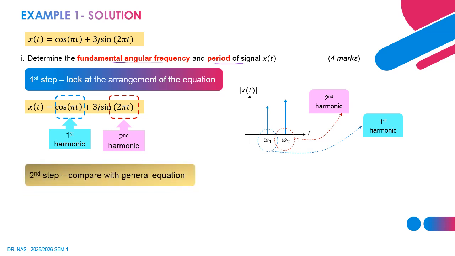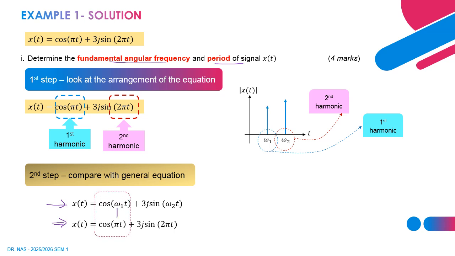Next you need to compare with the general equation. This is the general equation: xt equal to cos omega naught t, or cos omega 1 t. In this case, this is the given equation, so you can compare directly: omega 1 equals pi radian per second.